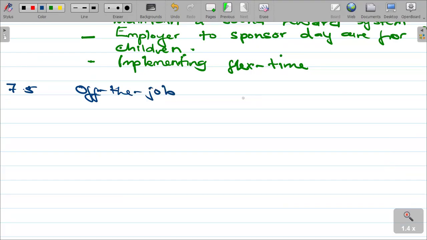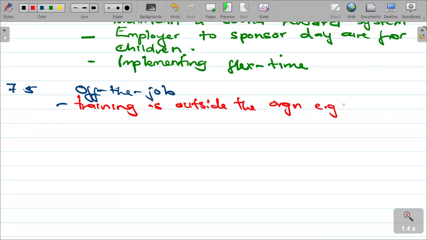Off the job is when training is given outside the organization, e.g. in institutions.